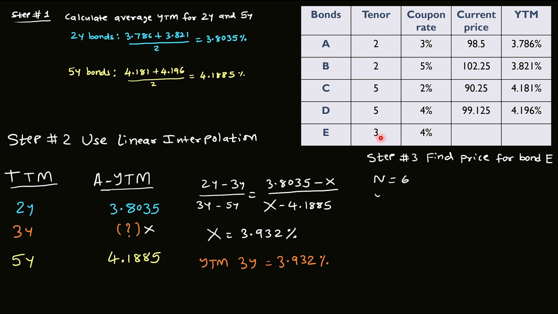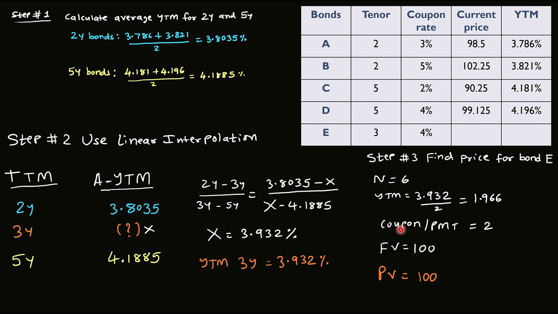So N equals 6. Yield to maturity is 3.932 over 2, which we just calculated, for semi-annual. Then a coupon of 2, and we're going to use the future value of 100, and it's going to give us a present value of 100.19.